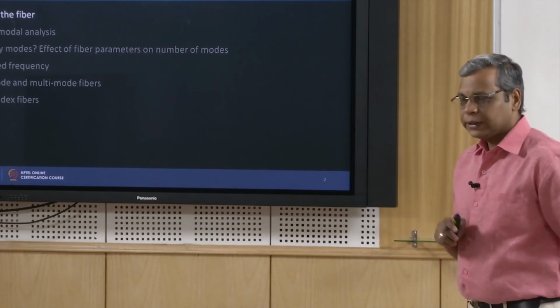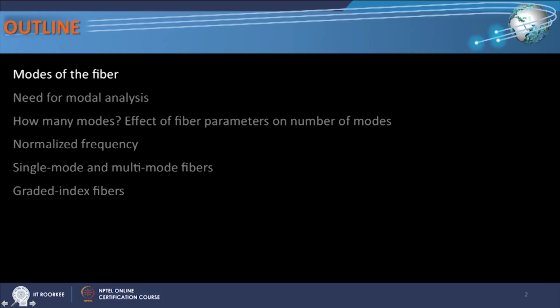So, the outline of this lecture is in this way: first we will understand what is the meaning of modes of an optical fiber, and why after all we need to understand modes of an optical fiber. What is the necessity for modal analysis of an optical fiber?